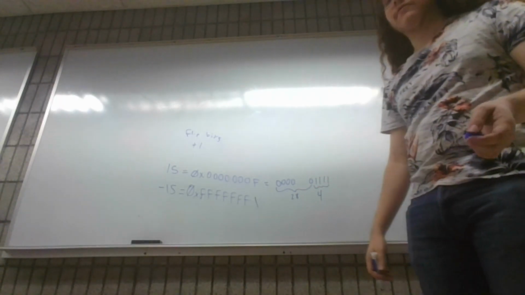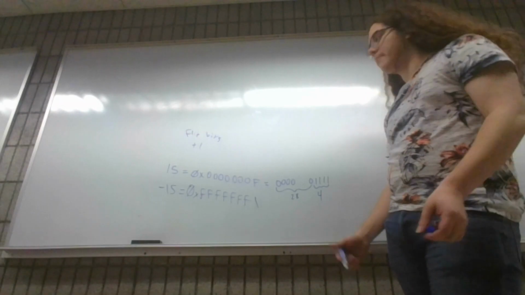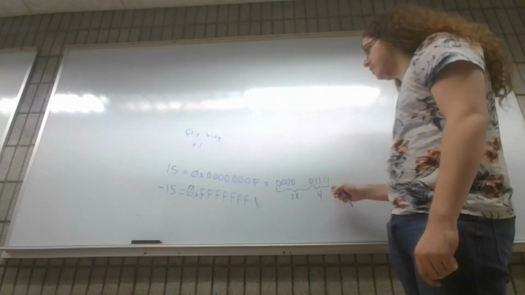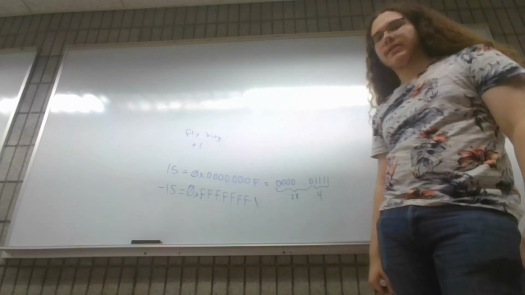So that's how you'd represent 15 in binary, where it's 28 zeros and then 4 ones at the bottom, because this is the number 15. Are you cool with that?